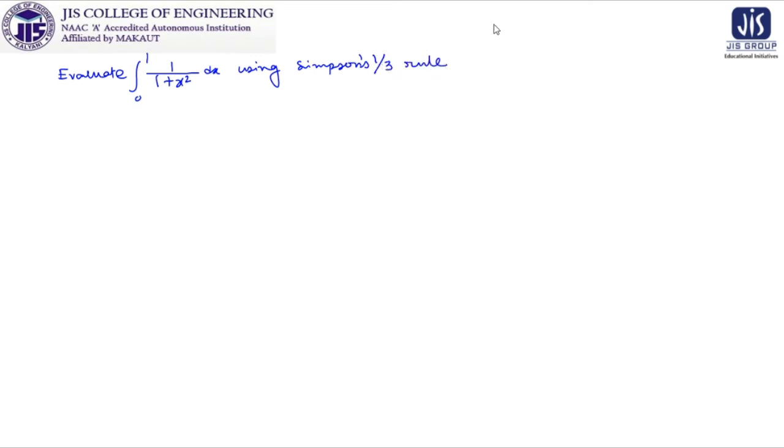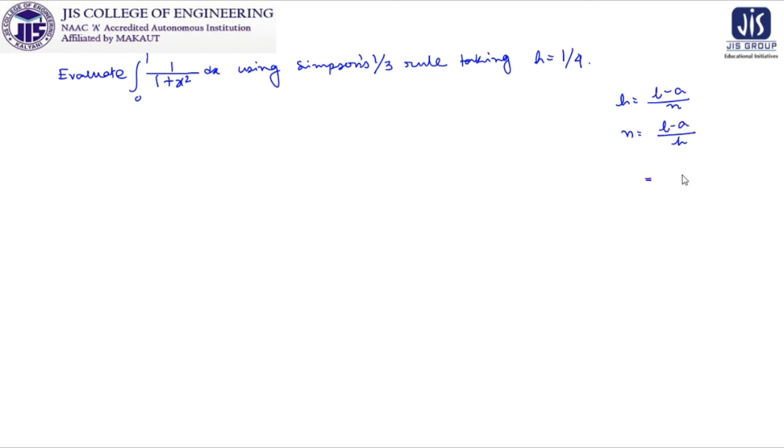Just one thing is going to be changed over here: up to the last problems we were giving you the number of sub intervals, but here it is given that h is equal to 1 by 4. So as you know that h is equal to (b minus a) by n, we can think of n as equal to (b minus a) by h.